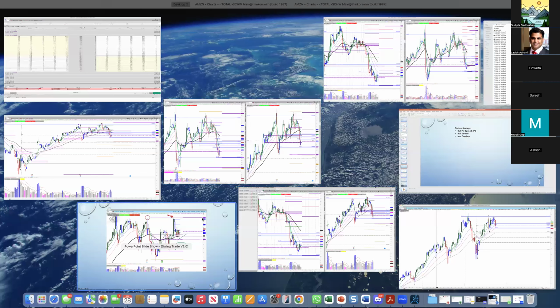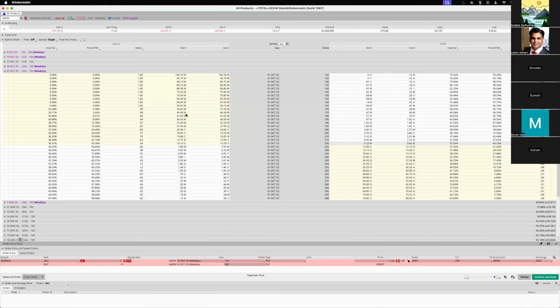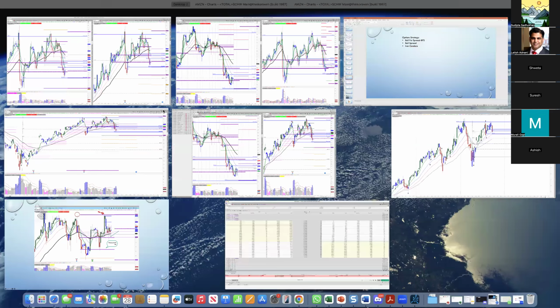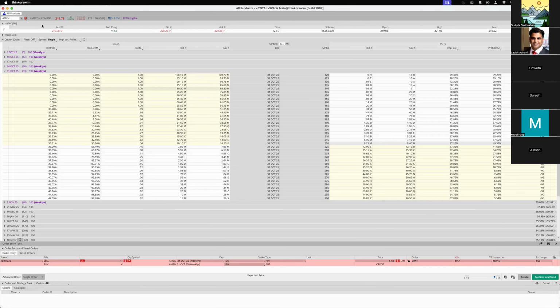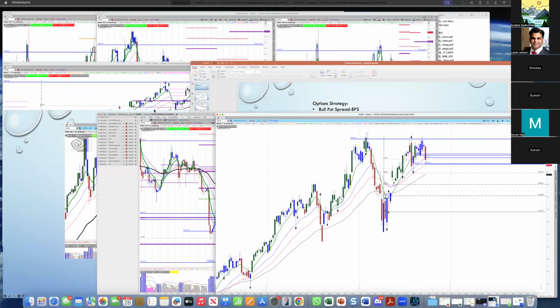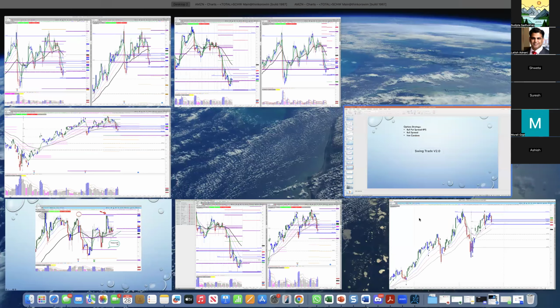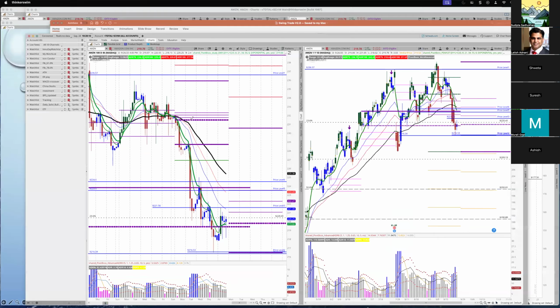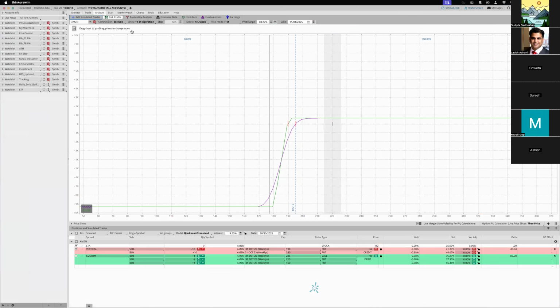In that case, what will be your scenario? 200 to 209. Analyze. Chart analyze. If it is trading at 200 or 201, still you will be making $585 profit.